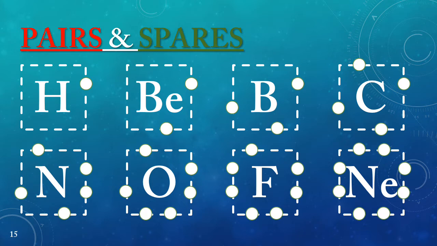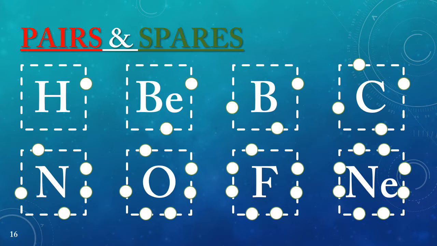Now, there's a couple of things we want to talk about with pairs and spares, though. So, pairs, it turns out that even in valence electrons, they like to have pairs. And once the side of the Lewis dot diagram's full, we can't get a third one in there. So it's kind of full. It's kind of like no more room in the inn, and they're just full, so they don't need anything. So let's look at our pair ones.